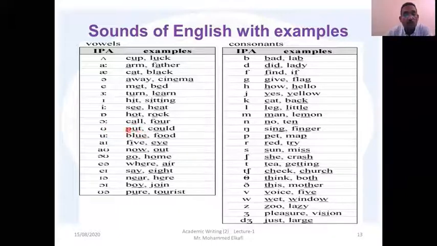This one is U, as in food. This one is short and this one is long. Also, you can know that this sound is longer than the other.